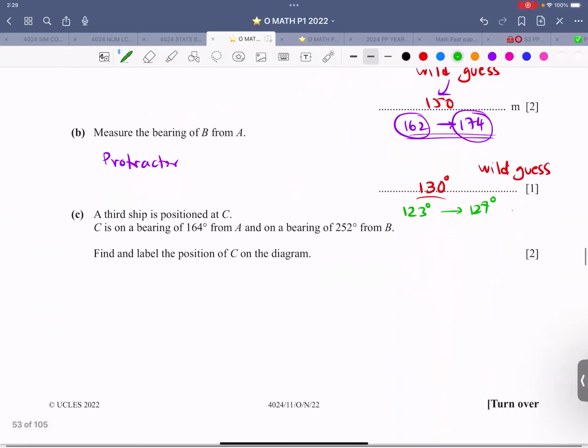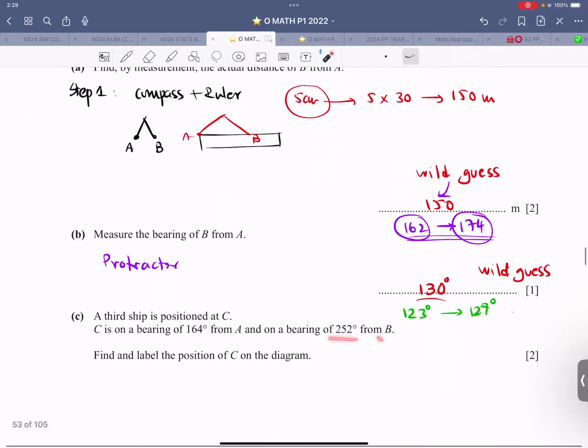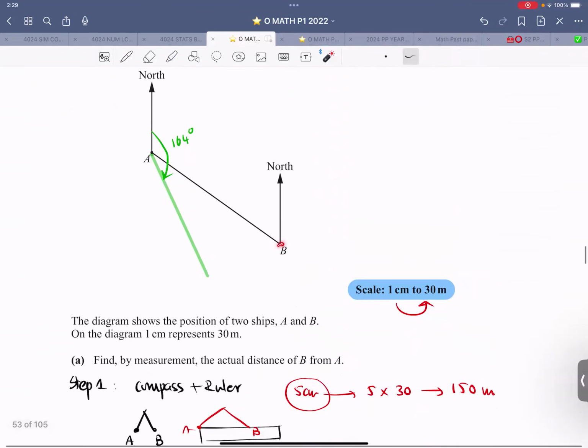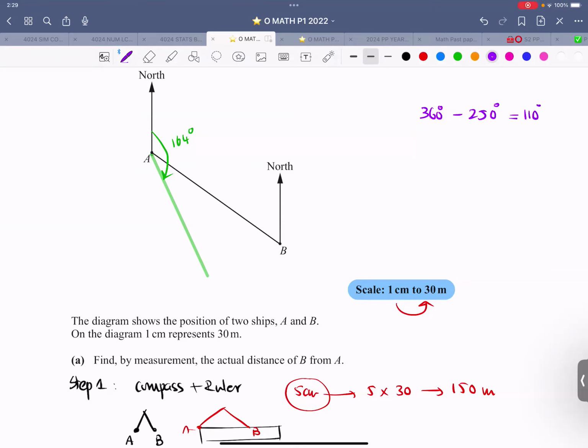And a bearing of 252 degrees from B. Now from B, 252 means you should go all the way like this. That means if I have to draw 252, so 360 minus 250, that comes out to be 110. And then subtract 2 degrees, so that comes out to be 108 degrees.